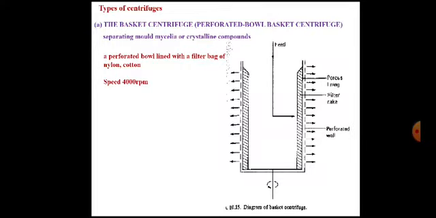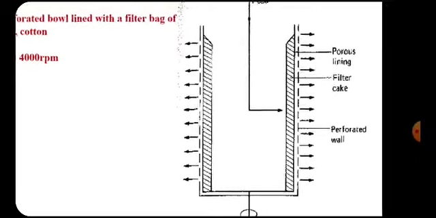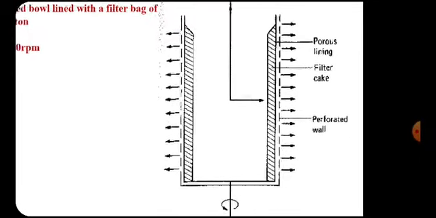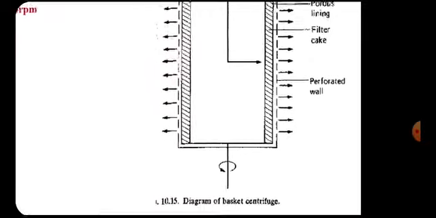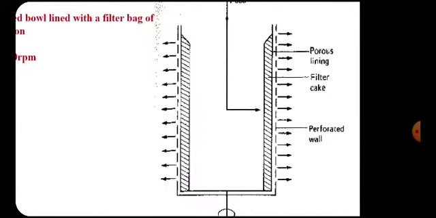This is the design of that basket bowl centrifuge. You can see this is the rotor, which has the shape of a basket, and it is rotating like this. Internally it is covered with a filter cloth, and it is a perforated bowl.